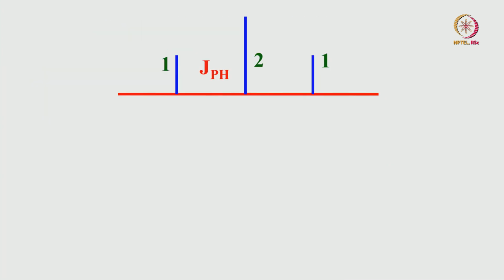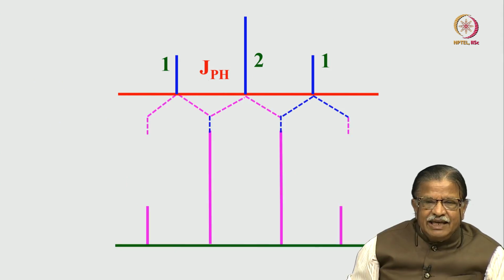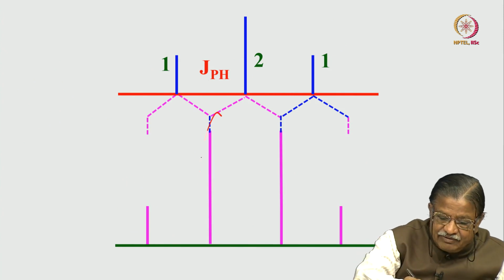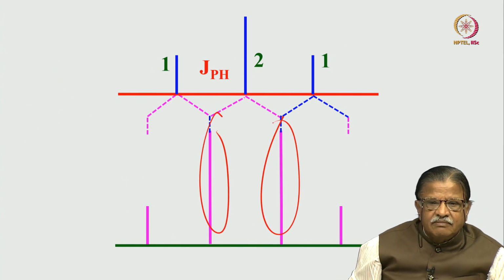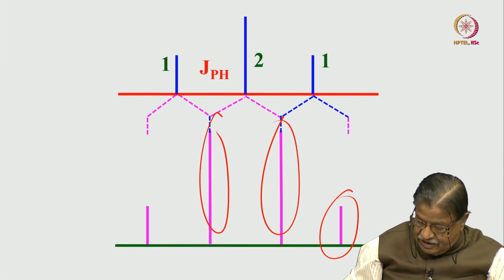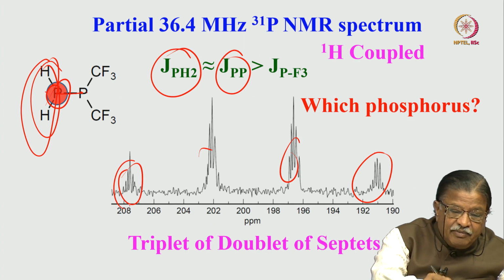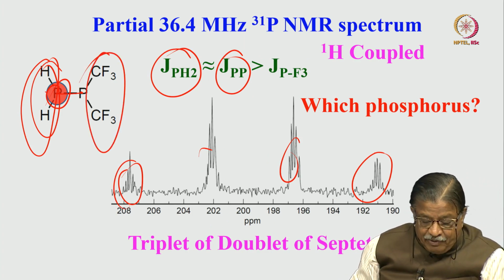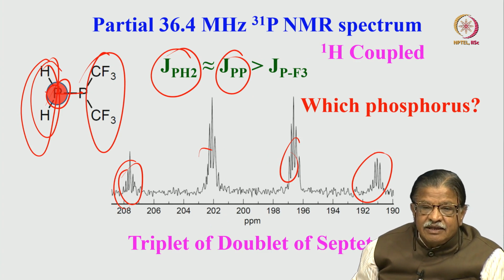First it is a PH coupling, we call it a triplet. Then each line of the triplet is a doublet because of this, and central lines will overlap and appear like a quartet. And each line of the quartet is then split because of 2 CF3s as a septet. So, it is a triplet of doublets of septet.